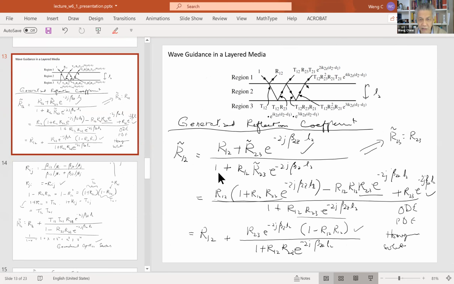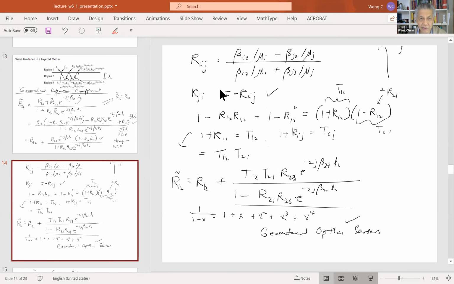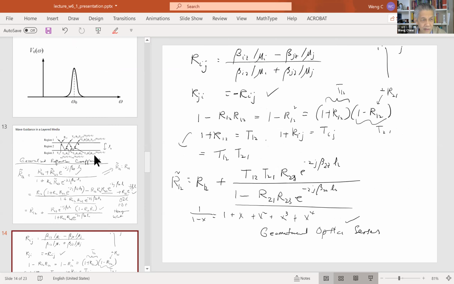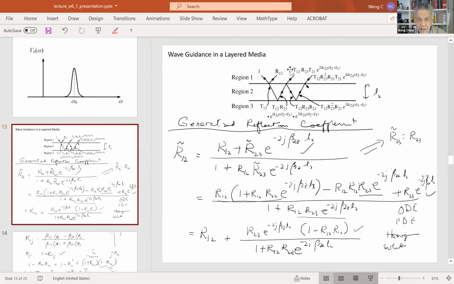But it's just all algebra, okay, just algebra. Once you are able to do that, then you can show that this can be written as a geometrical series. And this reflection coefficient has this physical meaning, as you can see from this picture over here.